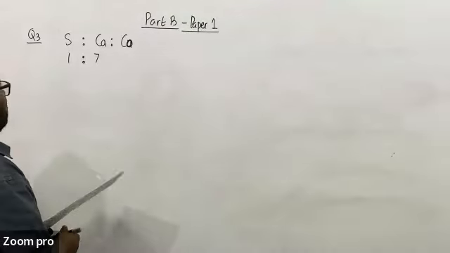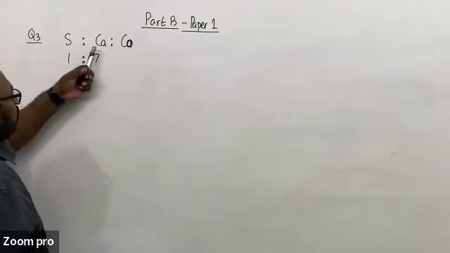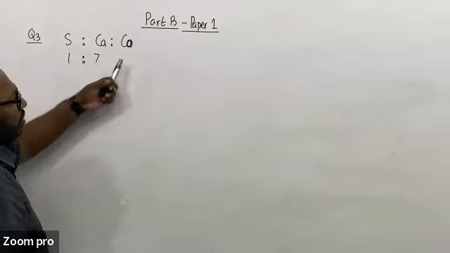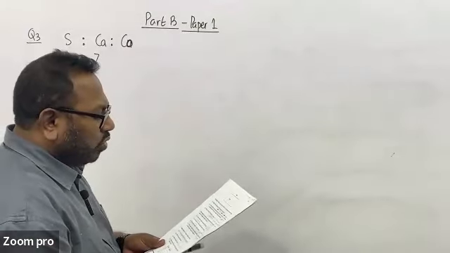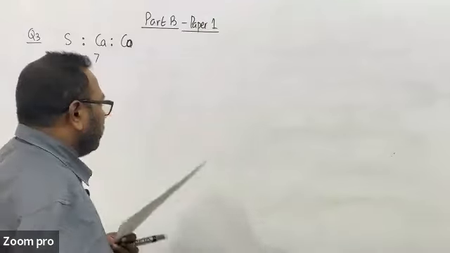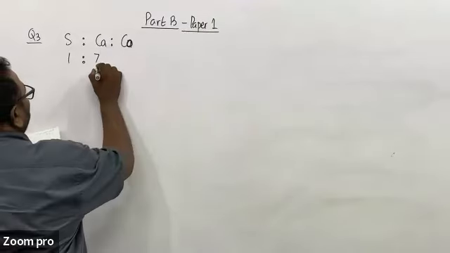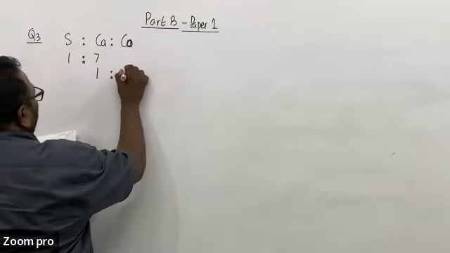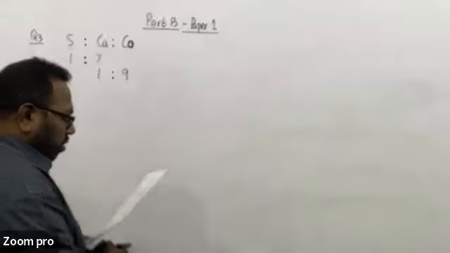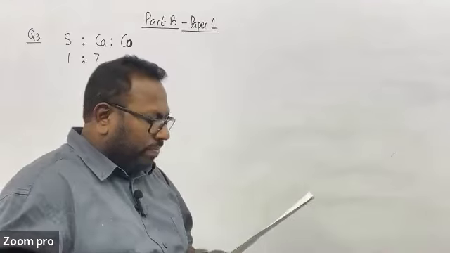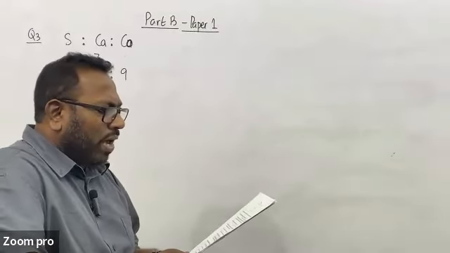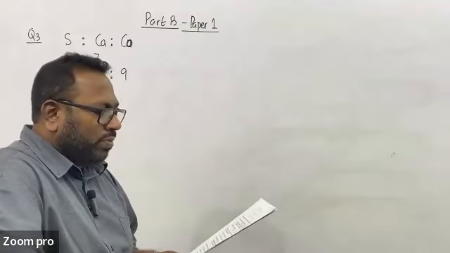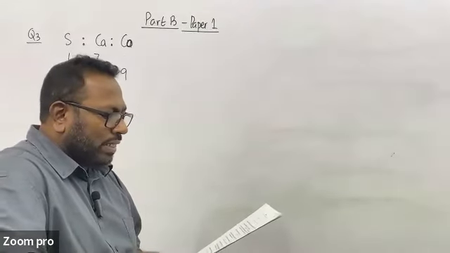So steel is to carbon is to copper, and they are saying carbon is to copper is 1:9. They are saying find the amount of carbon mixed with 100 grams of steel.